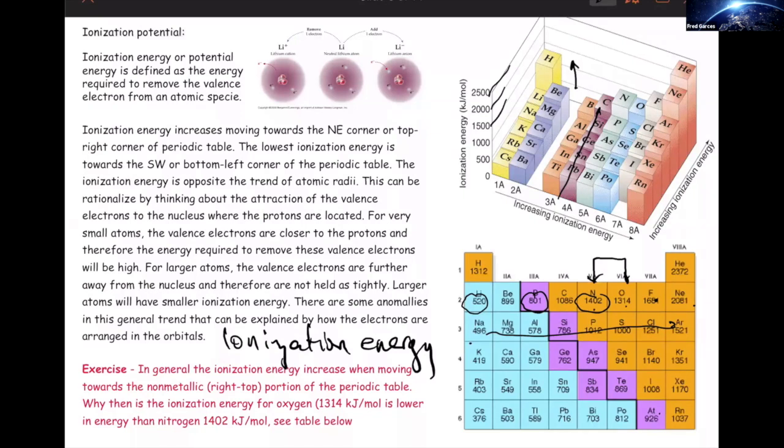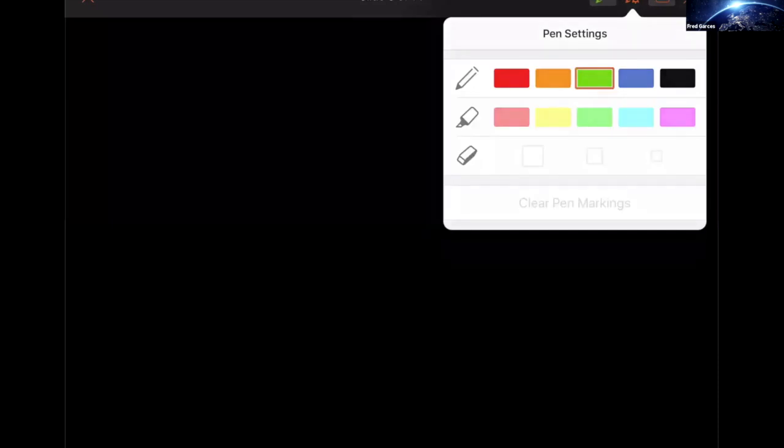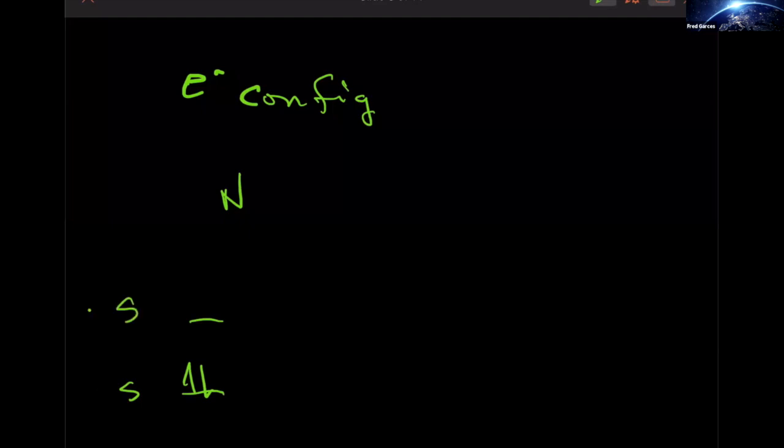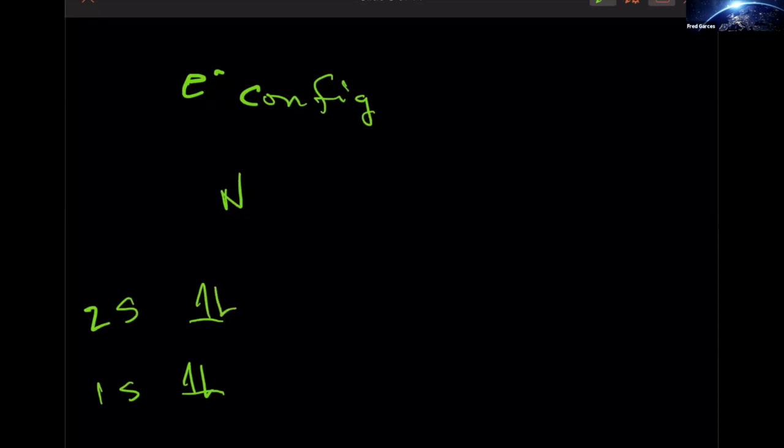The reason why that's the case, and you see those anomalies throughout the periodic table, is let's take a look at the electron configuration of nitrogen. Nitrogen has 2 electrons in the 1s orbital, this is the first shell, this is the second shell, 2 electrons in the 2s orbital, and then 1, 2, 3 electrons in the 2p orbitals, Px, Py, Pz.